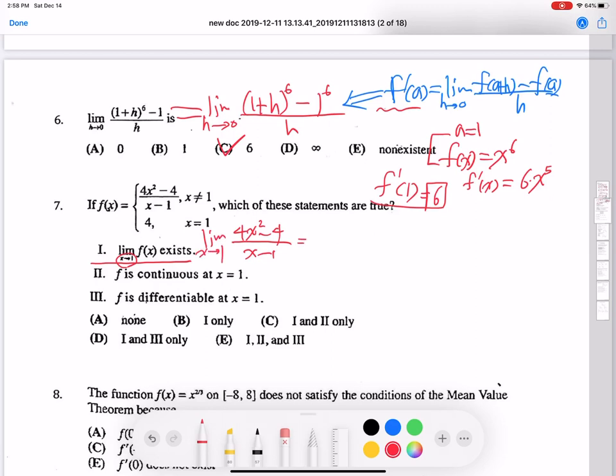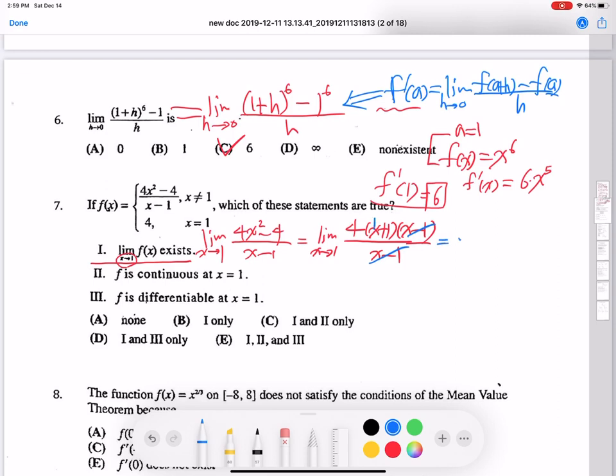It's a 0 over 0 form. So how can you solve that? Factor, cancel out, plug in the number again. Factor the numerator first: 4 times x squared minus 1, so x plus 1 times x minus 1, right? Then the x minus 1 cancels out, and plug in the number 1 again.